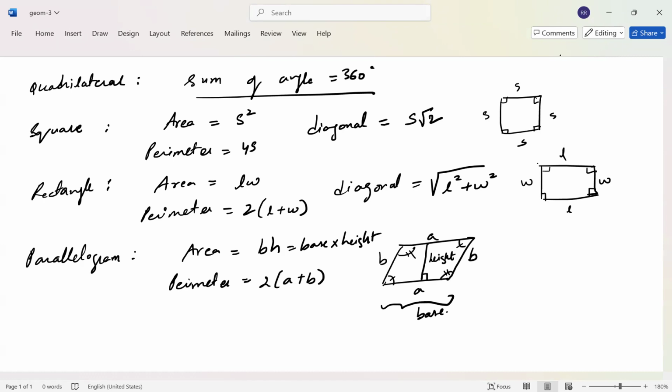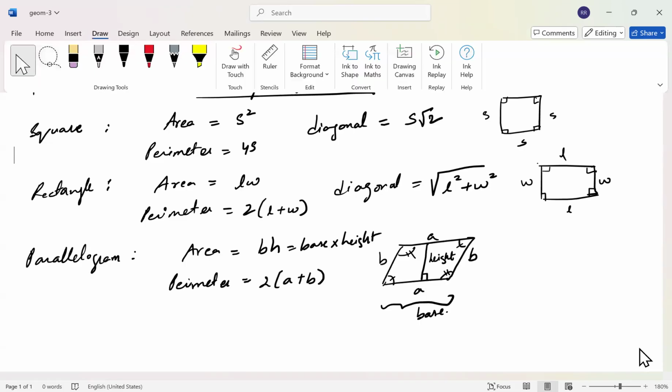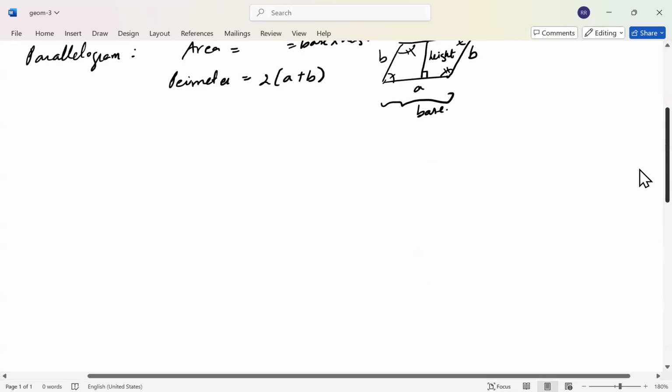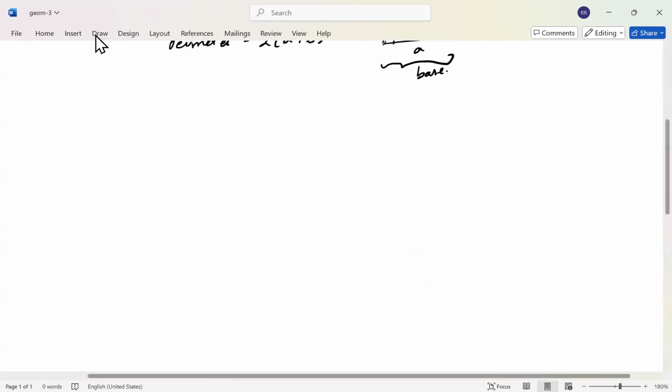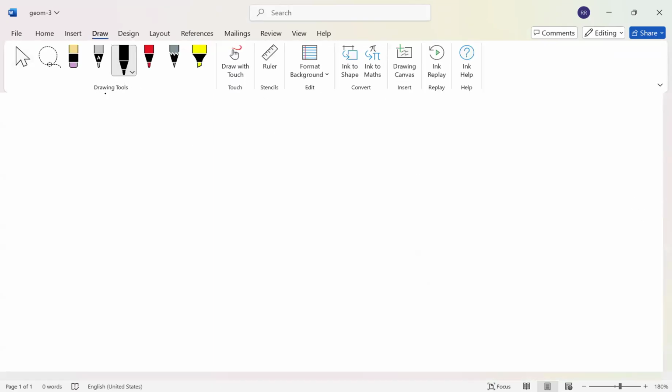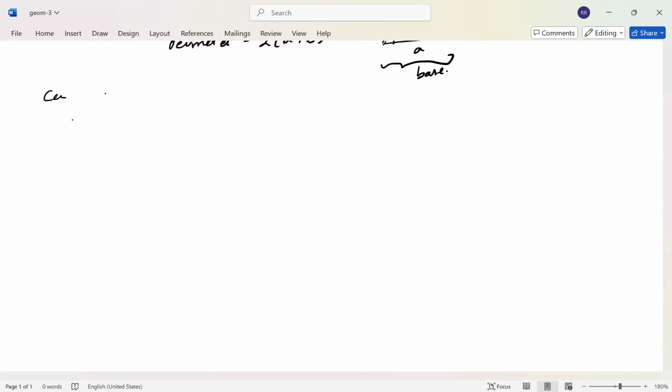Next, coming to the volume figures. 3D figures where volume or surface area can be asked. Cube. Volume is equals to side cube.